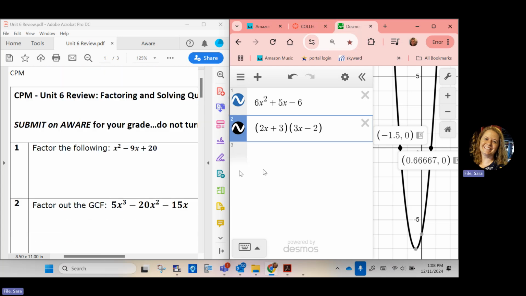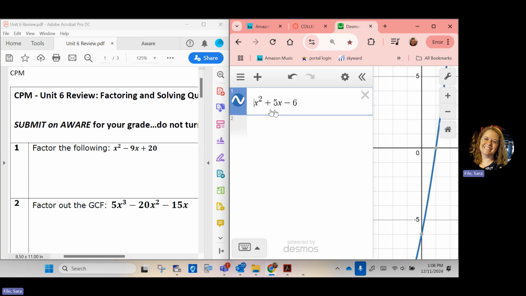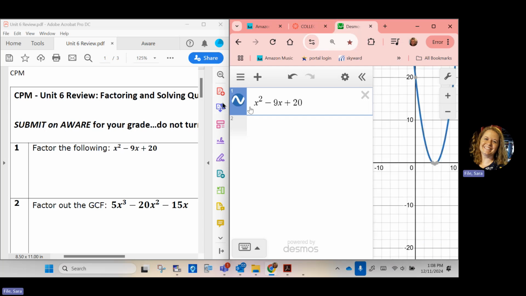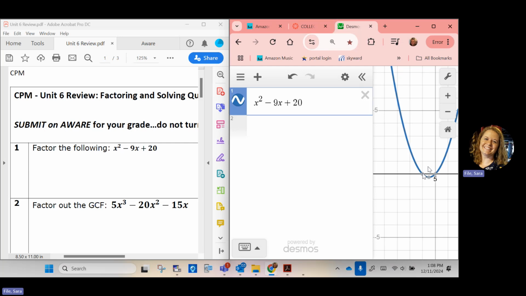Okay, one that's maybe more basic would be like this original one. This graph, this function did not ask for the solutions. It didn't say solve. It just said to factor. But I can see that the solutions are at 4 and 5.